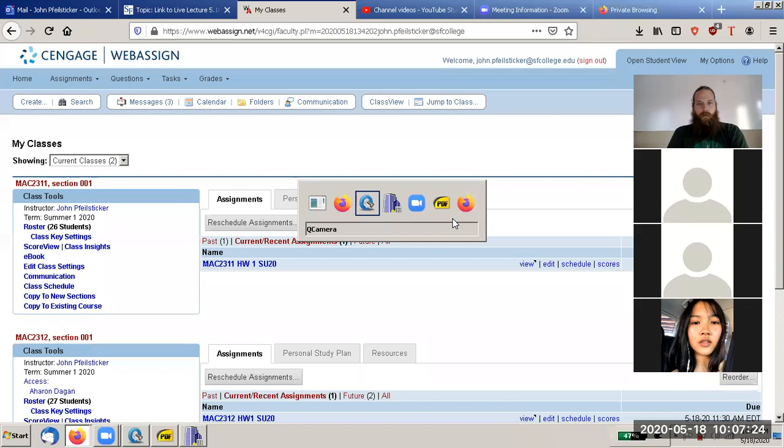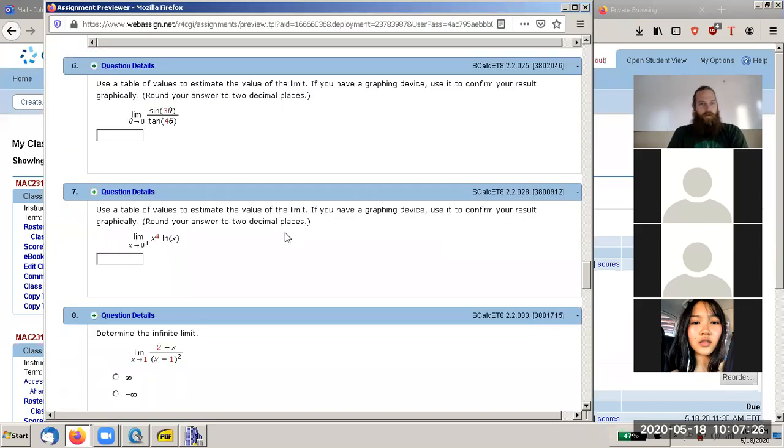All right, so we wanted 6, 7, and 8. 7 is kind of similar. So estimate the limit via a table.